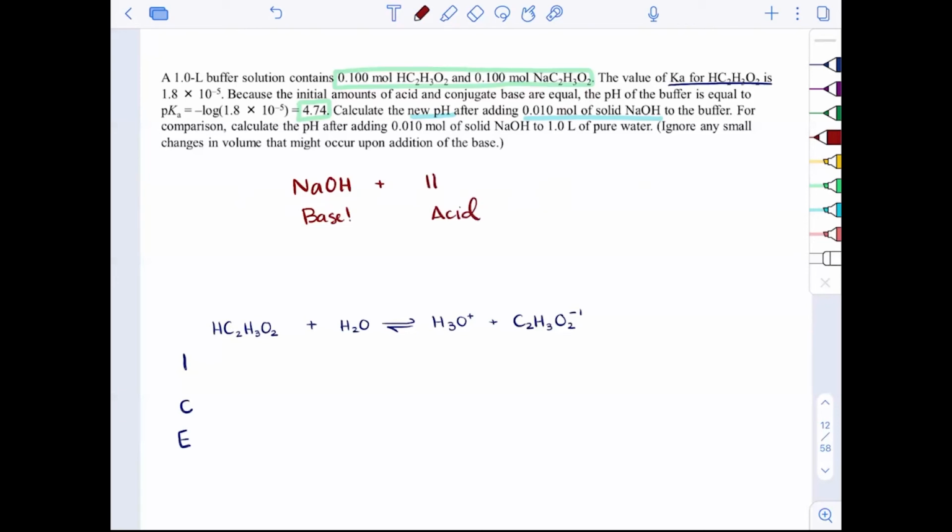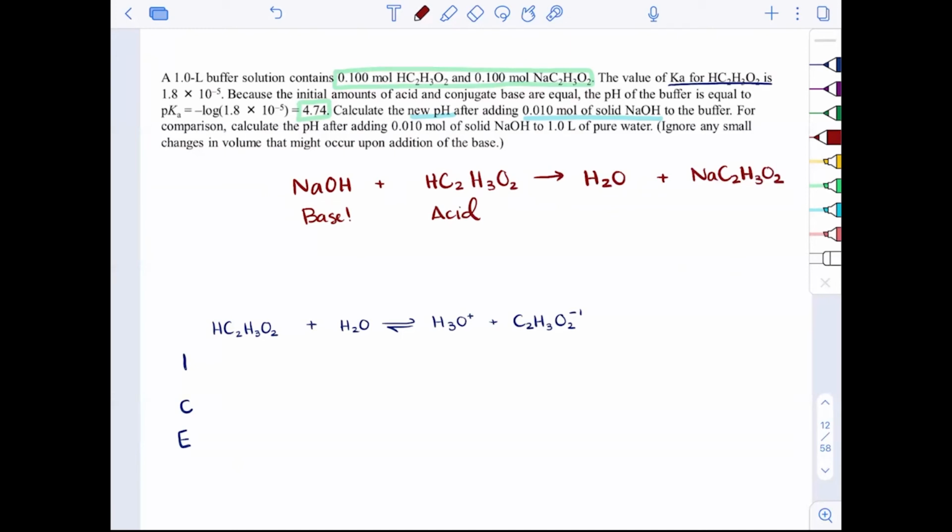The weak acid in the solution is acetic acid. And that reaction, notice it's not an equilibrium arrow, it's a full-on yield sign, because that strong base will go to completion and make water and sodium acetate.